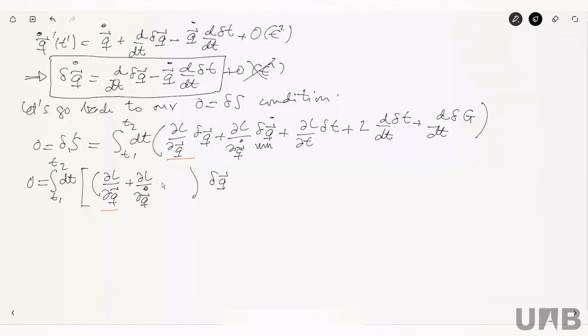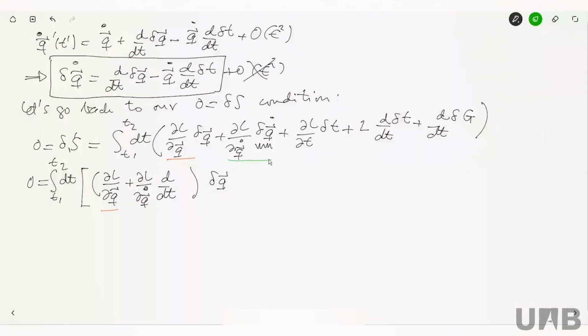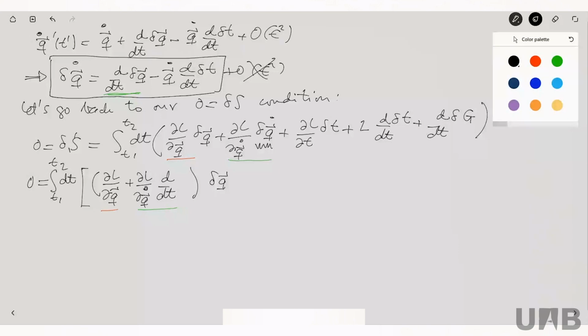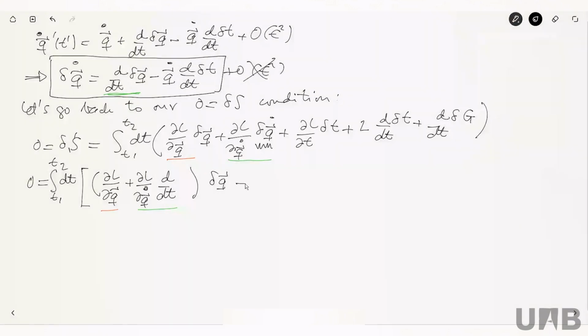And now the first term, derivative with respect to t, right? Like this. So now this term is, in part, given by this term. Okay? But I still have the other one. So now I have to worry about the other term. So let's go for the other term. The other term is minus the derivative of L with respect to q dot. That's also this.